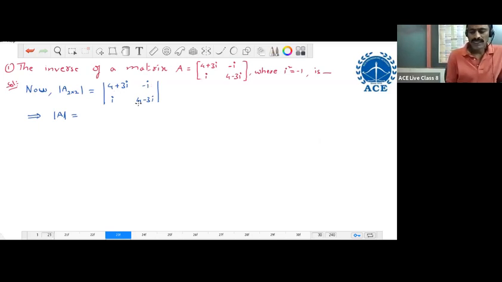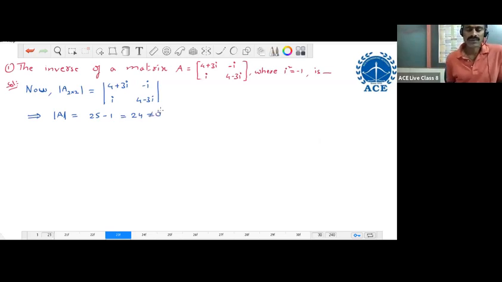The product of the diagonal is of the form a plus b into a minus b: 16 minus 9 i square, that is 16 plus 9, which is 25. Minus the product of non-diagonal elements, minus i square, which is plus 1. So 25 minus 1 equals 24, not equal to 0. The matrix is non-singular, so the inverse exists.